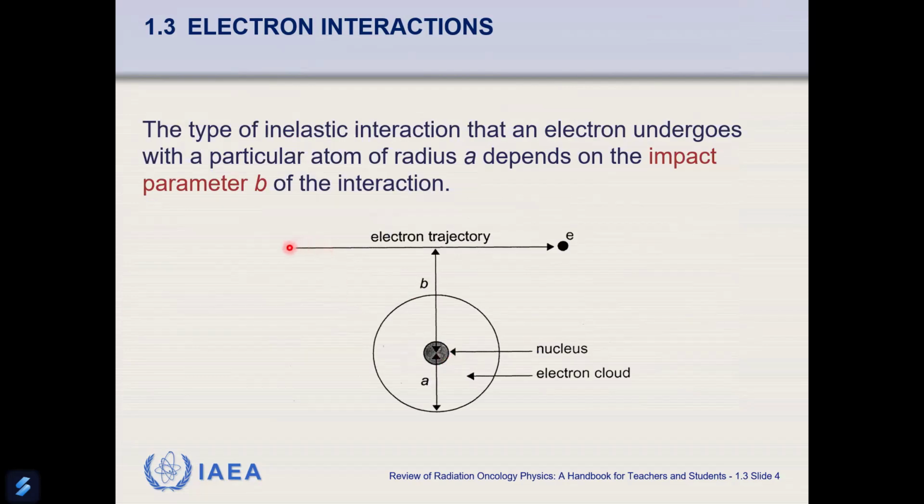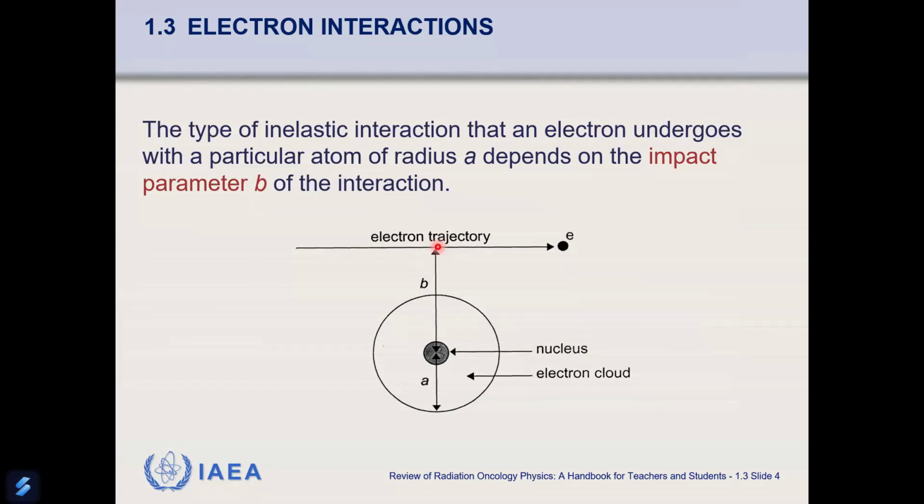So consider you have an electron E, which is traversing horizontally in this direction. And then it comes near a certain atom. The electron is traversing at a distance B away from the nucleus. The distance B is what we call the impact parameter.